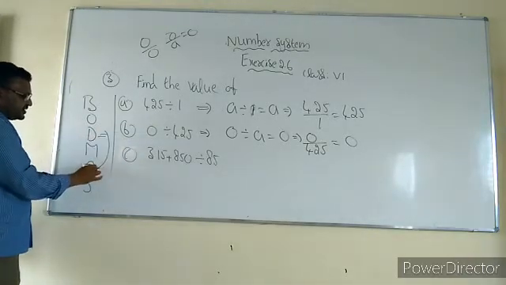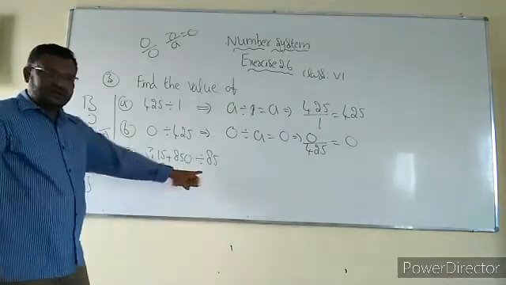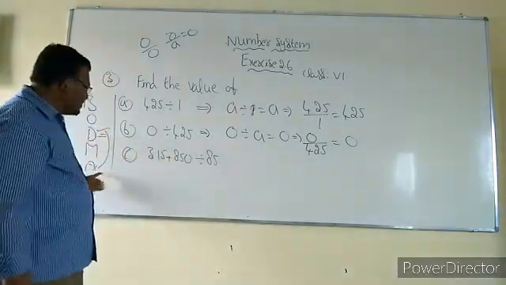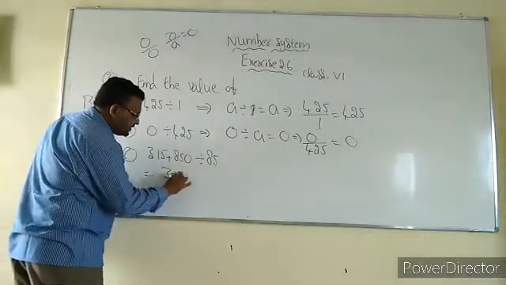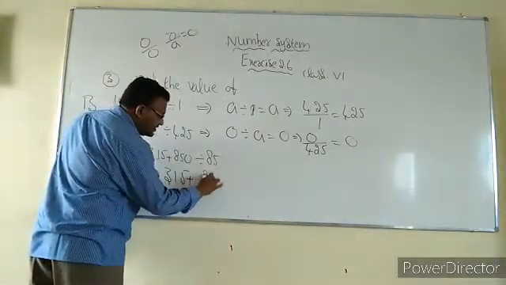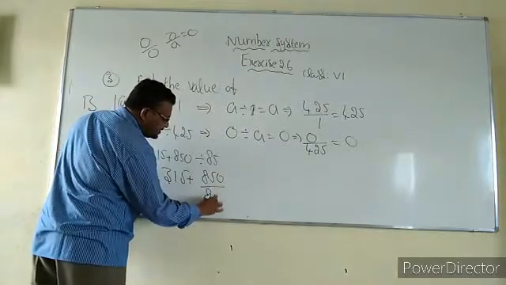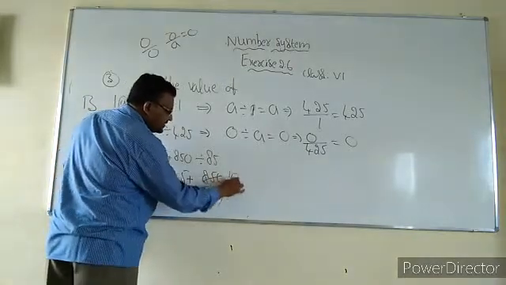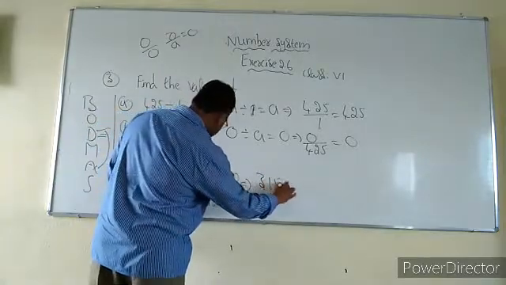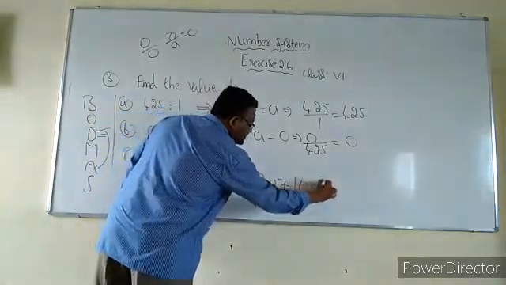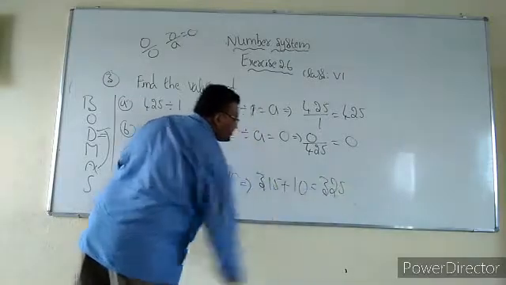Between division and addition, we have to do division first. That means 315 plus 850 divided by 85. 85 tens are 850, which gives 315 plus 10, which is equal to 325.